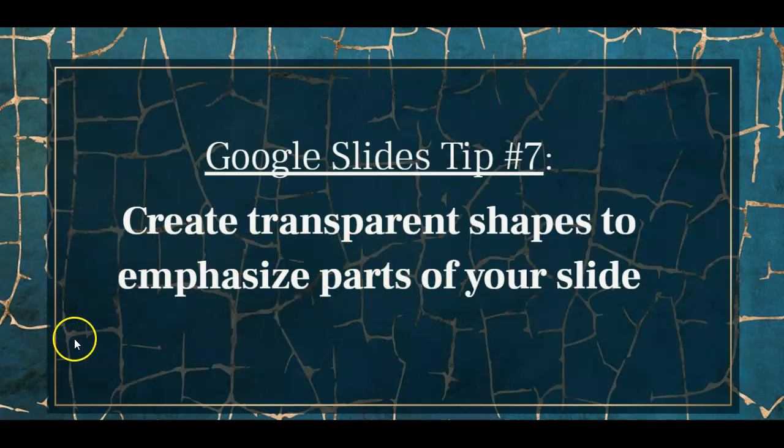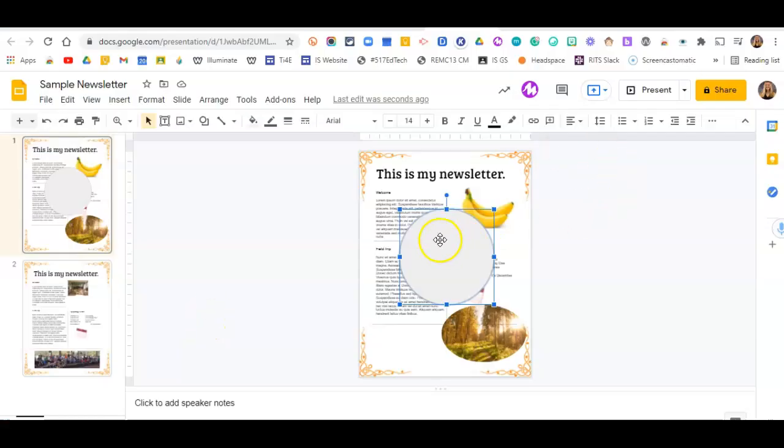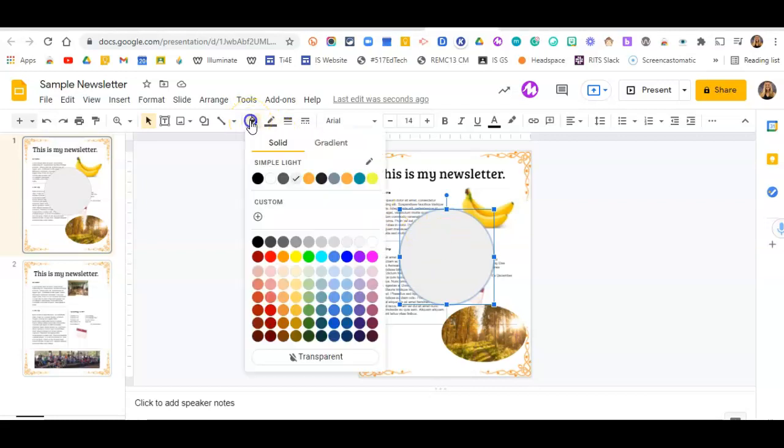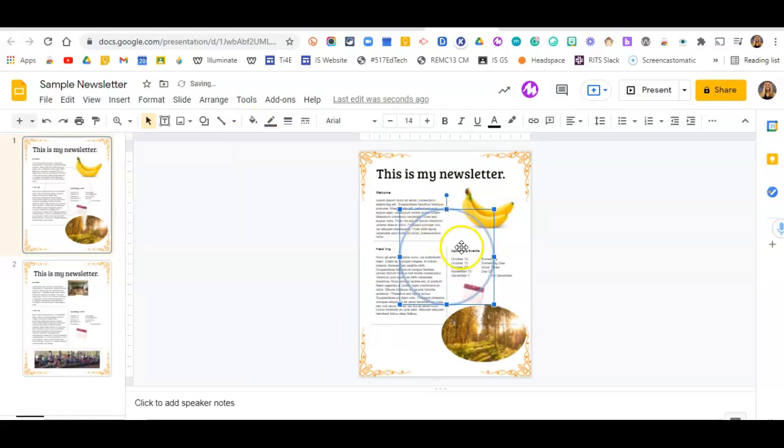But I'll show you how to make those circles transparent, so just the outline of the circle is left. So I have my circle that's clearly not transparent. When I select my circle, I can make it transparent by going up to the little fill color button, and I can go to the bottom of all these colors where it says transparent, and now you can see through that circle.